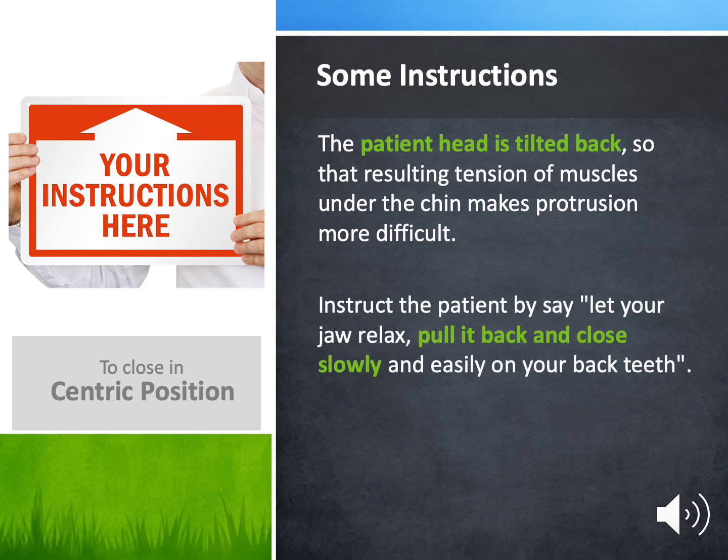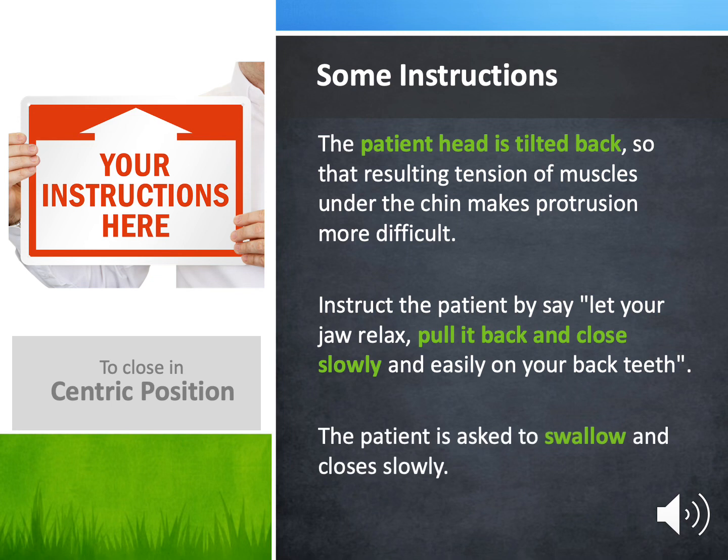Instruct the patient by saying, let your jaw relax, pull it back and close slowly and easily on your back teeth. The patient is asked to swallow and close slowly. After each swallowing, the patient will close in centric position.